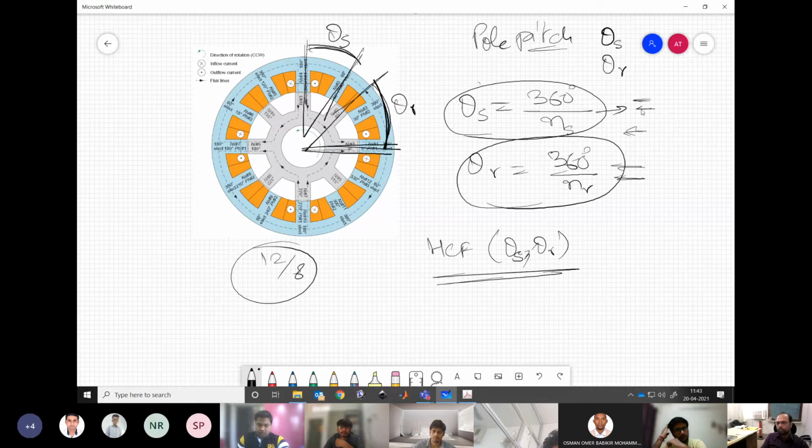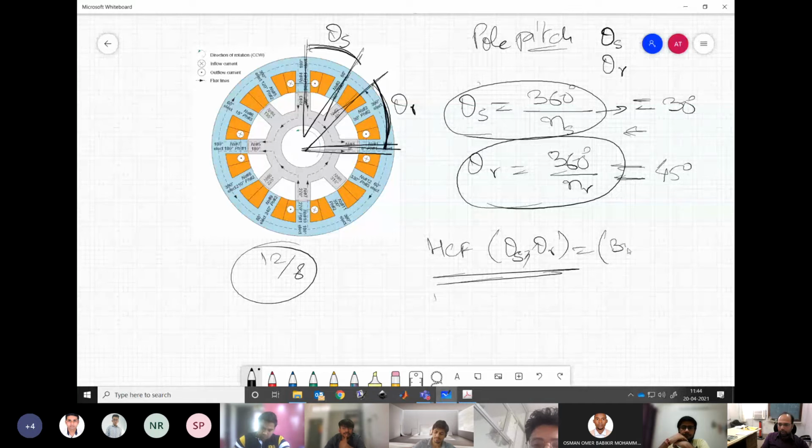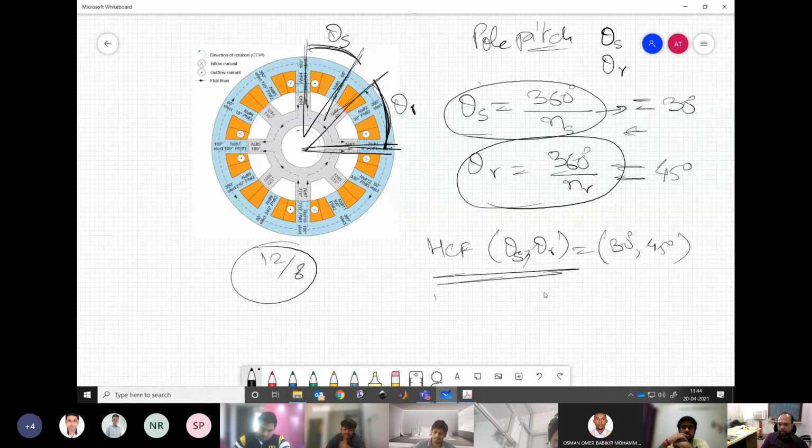And for the rotor? 30 degree. And 45. Correct. So now what is the HCF of 30° and 45°? You remember HCF, right?